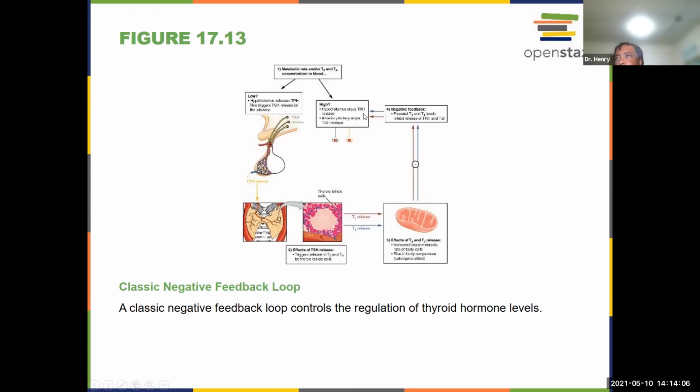So when the levels are too high, it'll actually bind to the hypothalamus, and then it stops the production of the thyroid releasing hormone. Okay, and actually, they act to inhibit both the thyroid releasing hormone and the thyroid stimulating hormone.